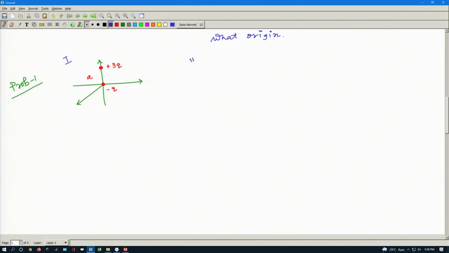Case 2, I have another similar kind of coordinate system. Okay, let me define the coordinates. Say this is x axis, this is y axis and this is z axis. In the next case, the two charges are sitting like this.